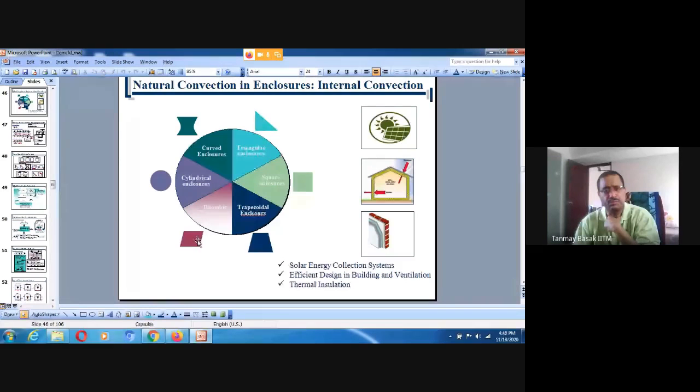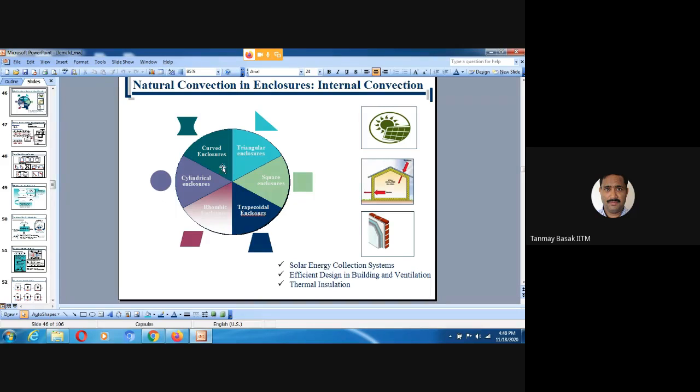Rhombic results are pretty useful. For cylindrical enclosures, with circular geometry, there are some calculations. We have curved enclosures for solar heating cases, with enormous applications, and this is for solar collection systems. We also have triangular enclosures.